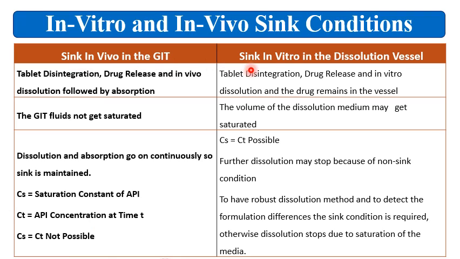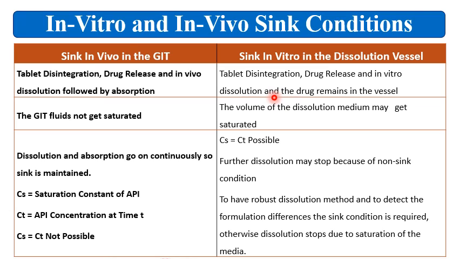Now if you consider the in vitro sink condition, that is in the dissolution vessel, tablet disintegration will be there, drug release will be there, and the dissolution media is the same and remains in the same vessel.